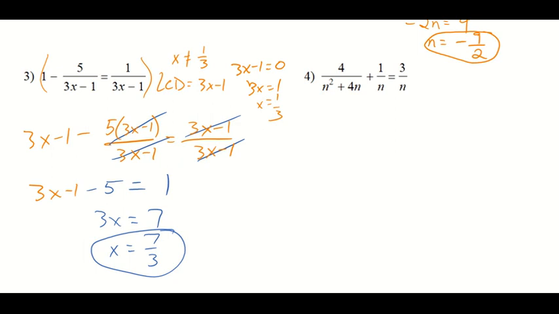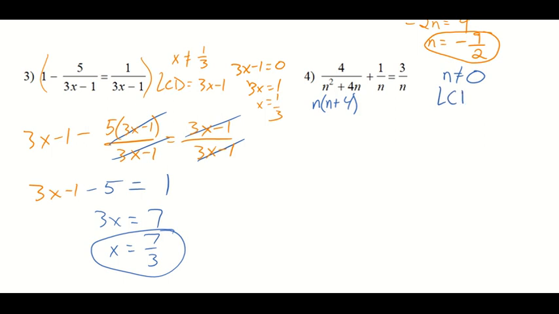Now, let's look at our least common denominator here. So first, n cannot equal 0, because n is one of our denominators. But then for this denominator, it's helpful to factor it out first to help us find our least common denominator. So we factor out an n.